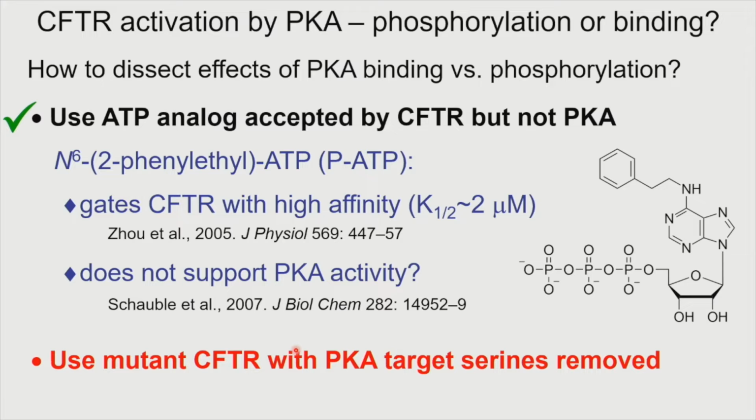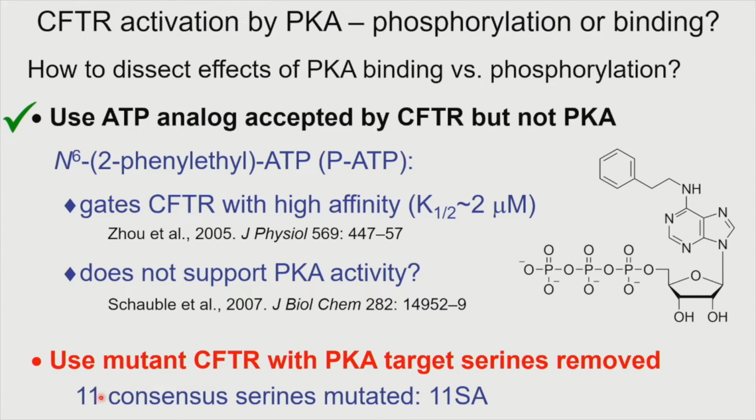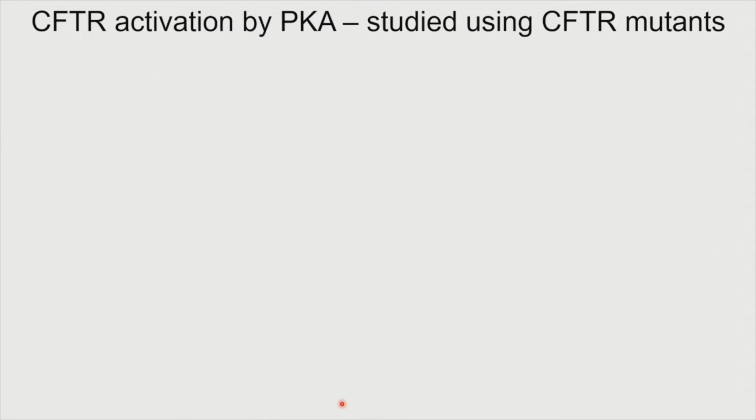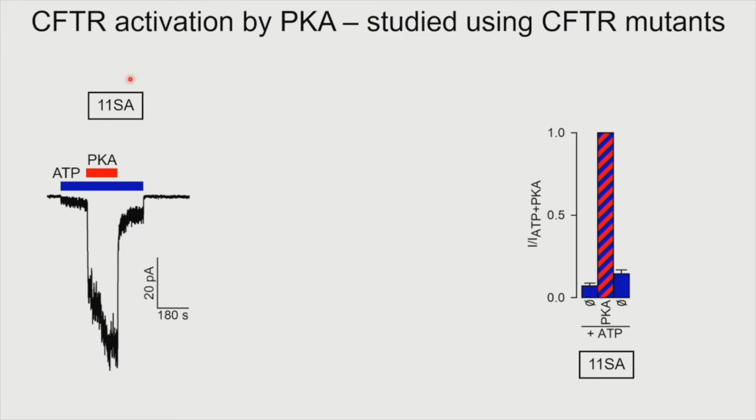As an alternative approach, we also generated mutant CFTR channels in which all 11 confirmed PKA consensus serines were mutated to alanines. And this 11SA construct remained strongly activatable by PKA. In fact, that had already been documented in early studies and was thought to reflect phosphorylation of some as yet unidentified target serines.